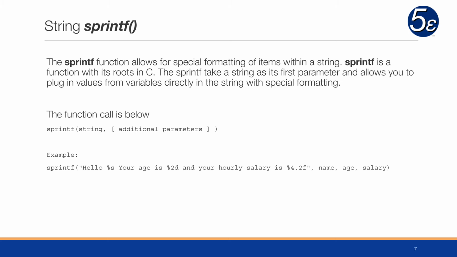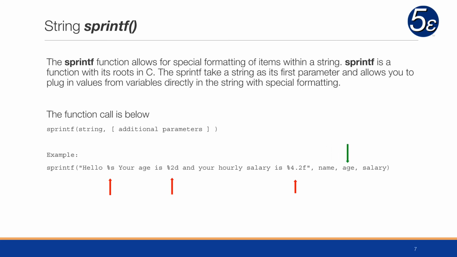What happens here is the order of those special parameters with the percents will correspond to the order of the parameters after the string. So the %s is the first formatting variable, and that will correspond to the first variable after the string, which is name. Since name is a string, we say we're going to output this as a string, or %s. Your age is %2d.